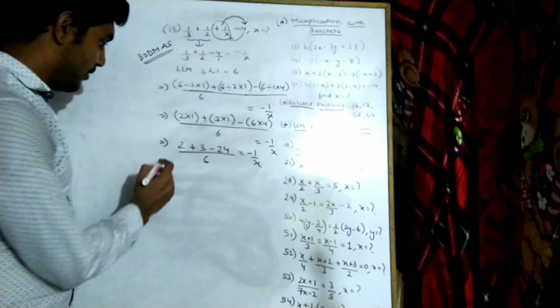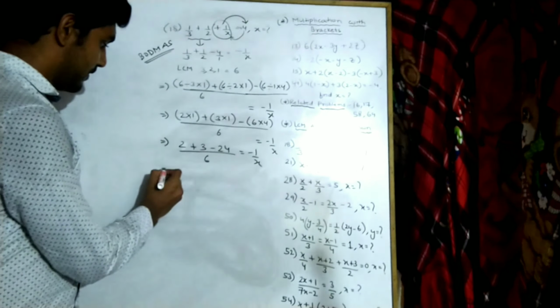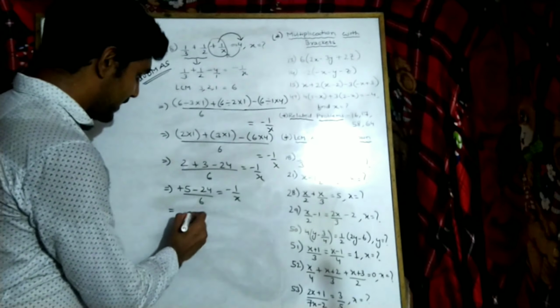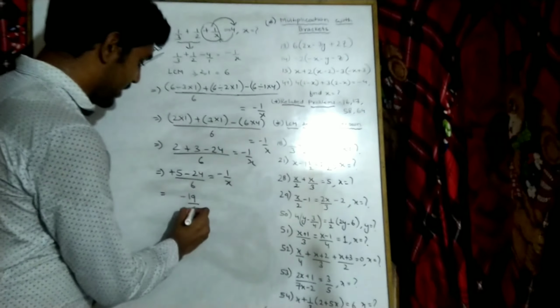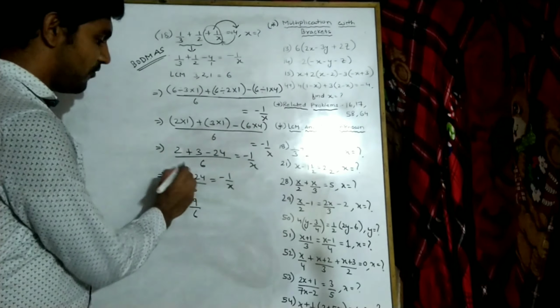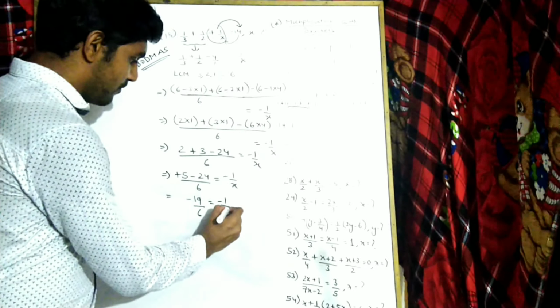Clear? Now do it. 2 plus 3, 5. 5 minus 24 by 6 is equal to minus 1 by x. Now plus minus will be minus. So 24 minus 5, 19. So minus 19 will come, because 24 is bigger number than 5. Is equal to minus 1 by x.